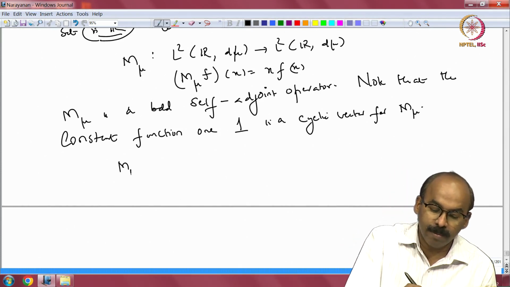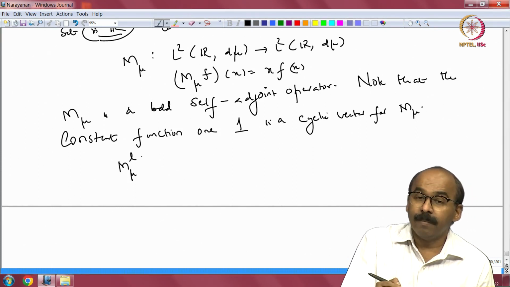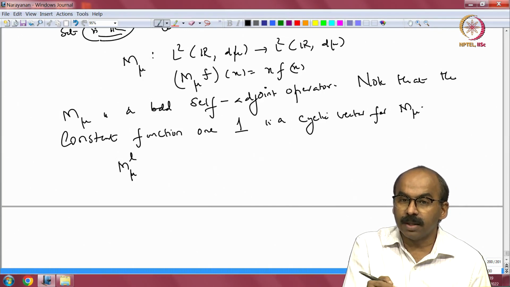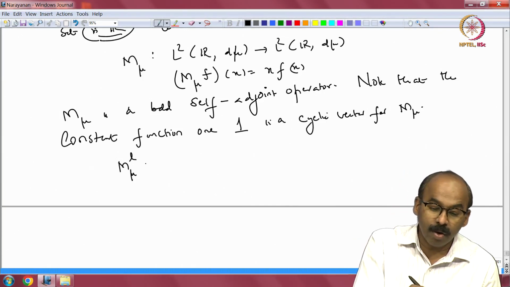So, M sub mu is self adjoint, so there is no star, you have to take the adjoint as itself acting on 1, right, that is supposed to be a function.